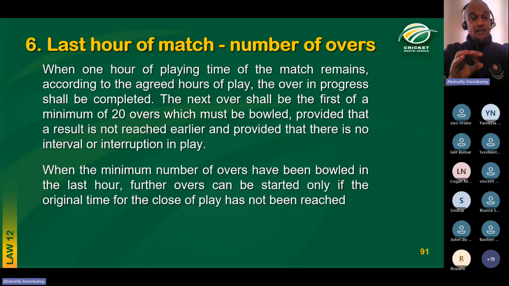And the fielding side needs to bowl a minimum of 20 overs in the last hour. That's just a brief explanation of how the last hour works and the number of overs that needs to be bowled in the last hour. We will go into much more detail when we do level 2 and level 3.